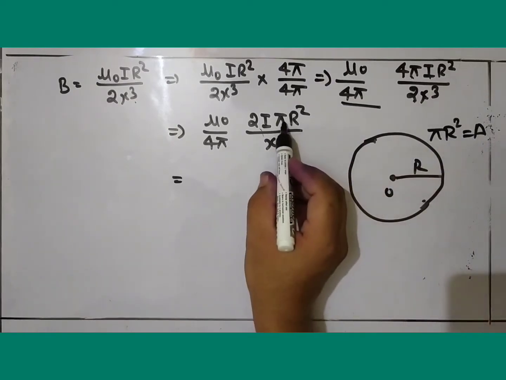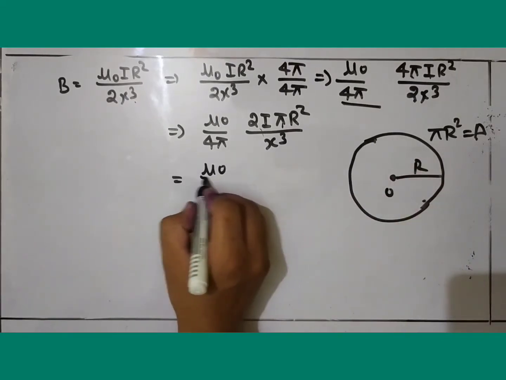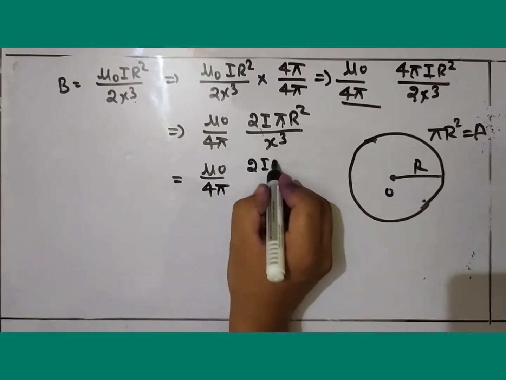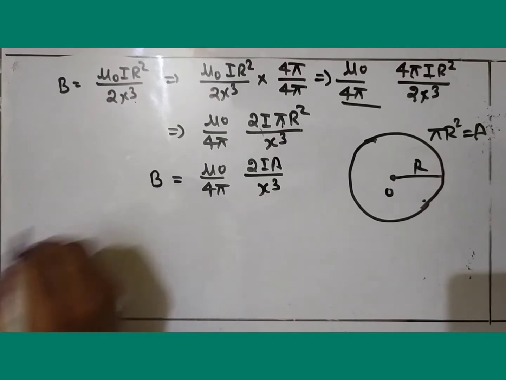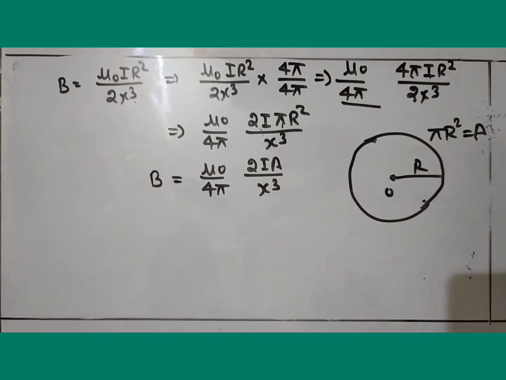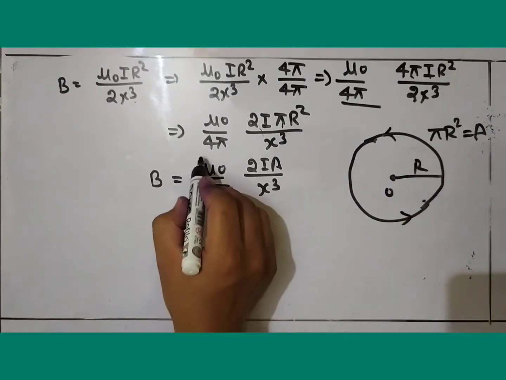So here we can replace pi R square by A. So mu naught over 4 pi times 2 I A over x cube. So this is the magnetic field due to a circular current loop at distance x.